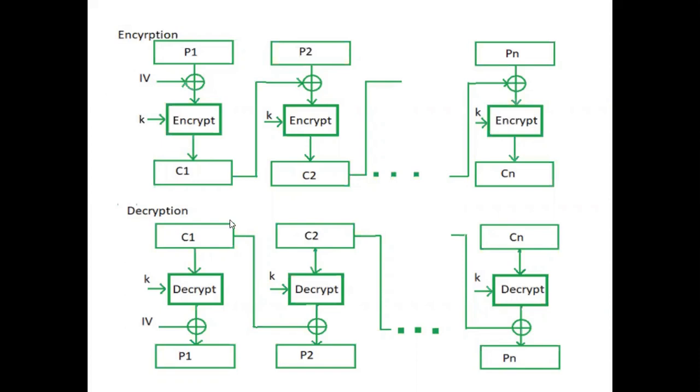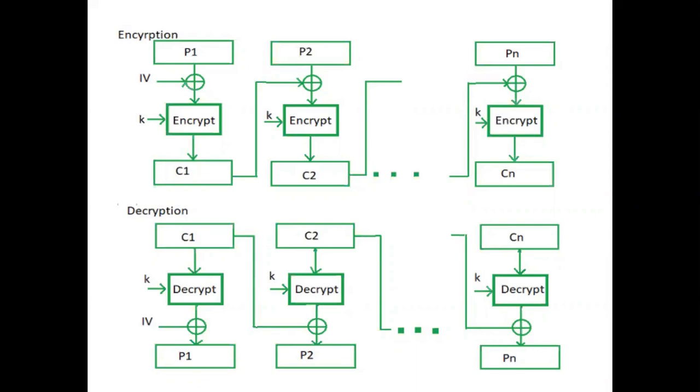Similarly, the same process happens in decryption, in reverse order, as you can observe in the diagram. You take C1, perform the decryption, then perform the XOR. In the first round, for the first block, you take the initial vector, and you get P1.